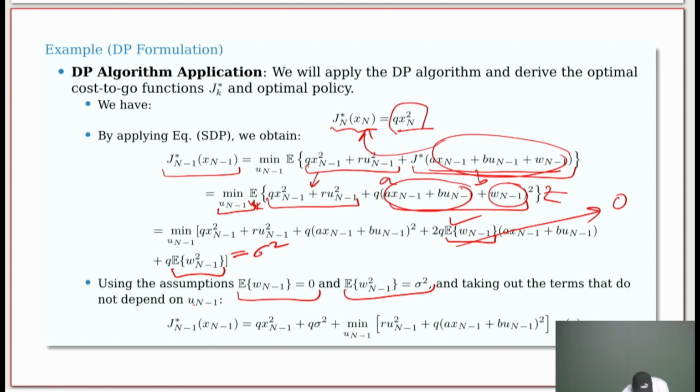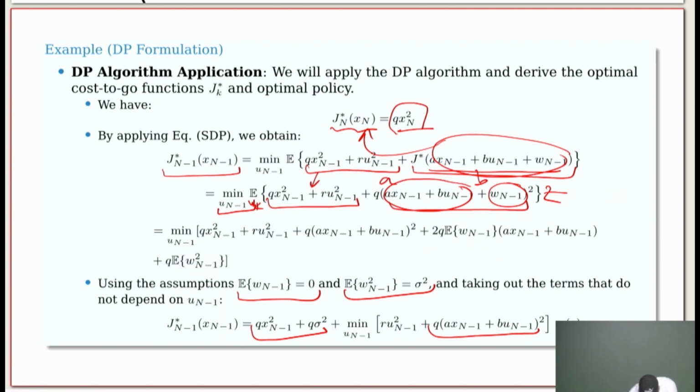So using these, we have the simplifications, taking out the terms that do not depend on u_{n-1}. Okay, after simplification, we have these terms.